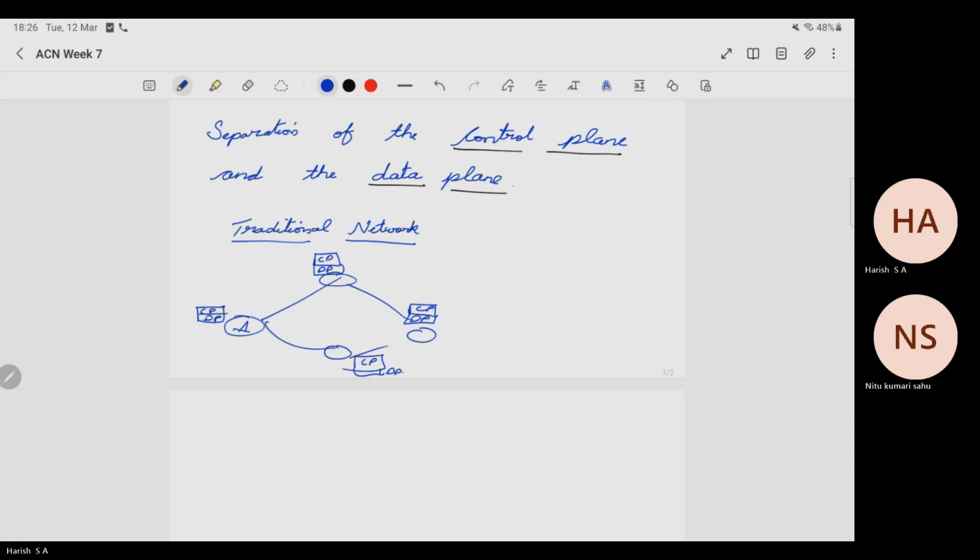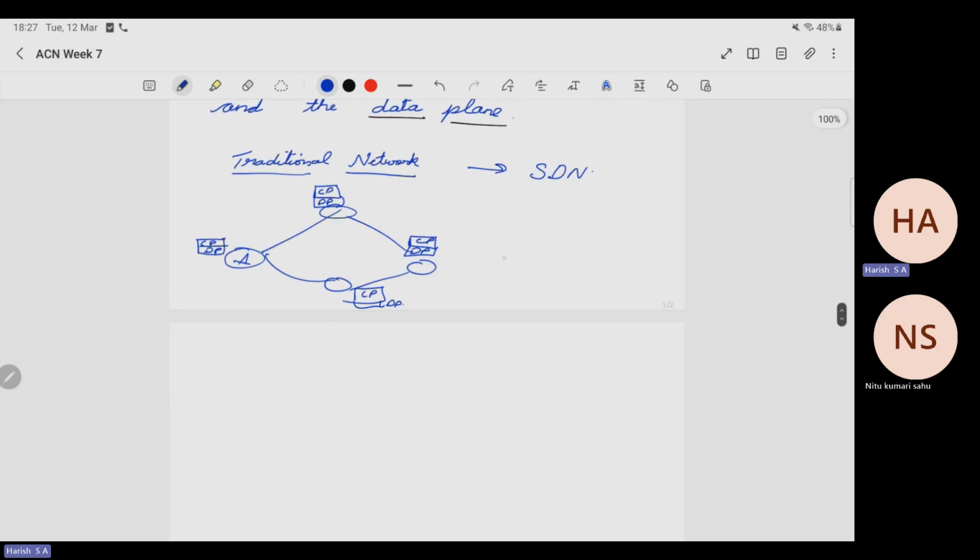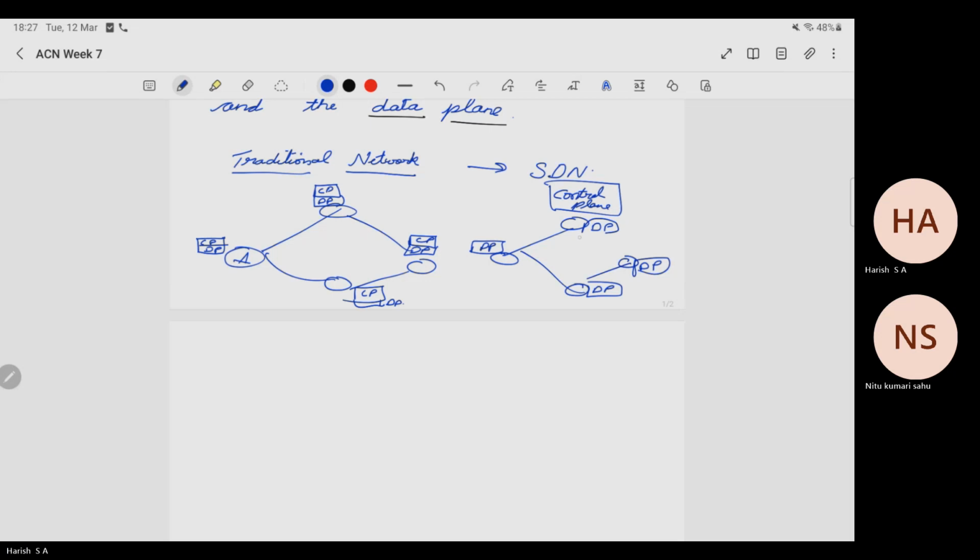The control plane is disaggregated, in the sense that it is distributed across all of the devices. Now in the paradigm of software defined networking, which is otherwise called SDN, we have these devices and there is a common control plane, but there is only the data plane in each device. This control plane tends to communicate with all of these.